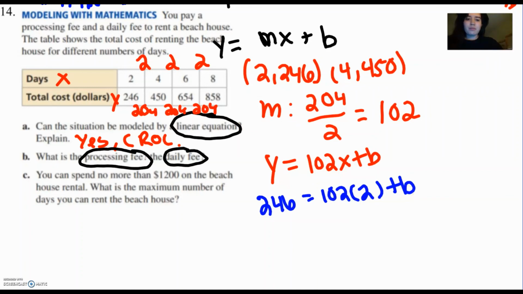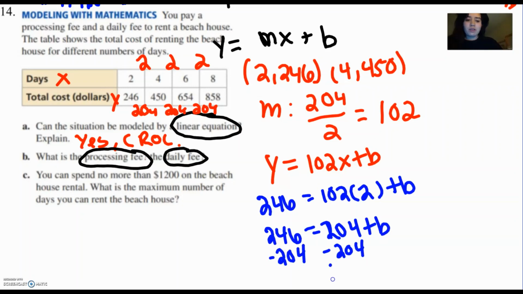Now I'm just going to simplify. 246 equals 204 plus b. Now we're just solving. Minus 204 on both sides, and b equals 42.